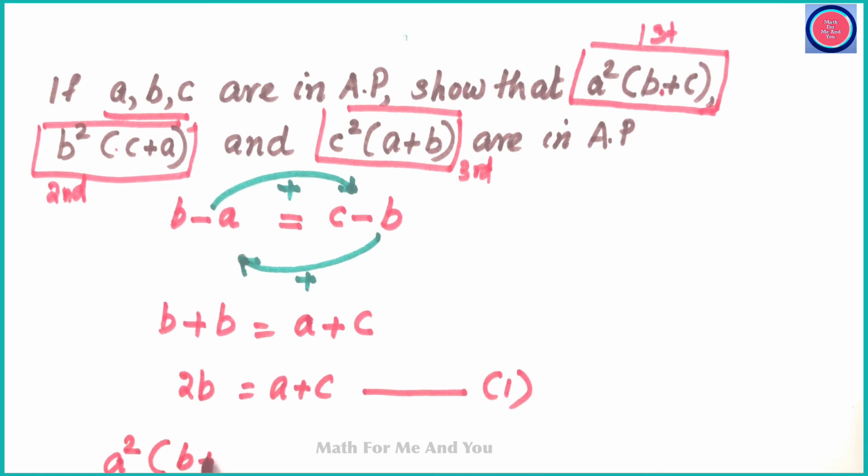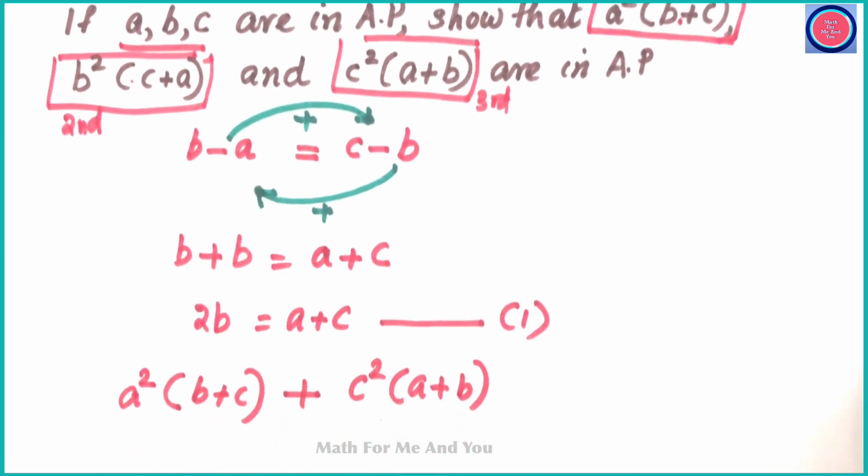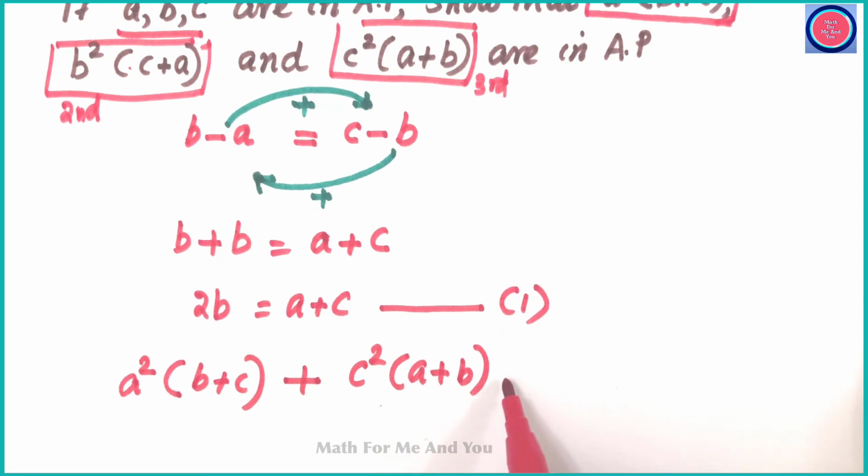Okay, now we can check this. First term plus third term, a square times (b plus c) plus c square times (a plus b), is equal to 2 terms with brackets. We could remove the brackets. a square, we multiply and remove the first bracket: a square times b, a square times c.